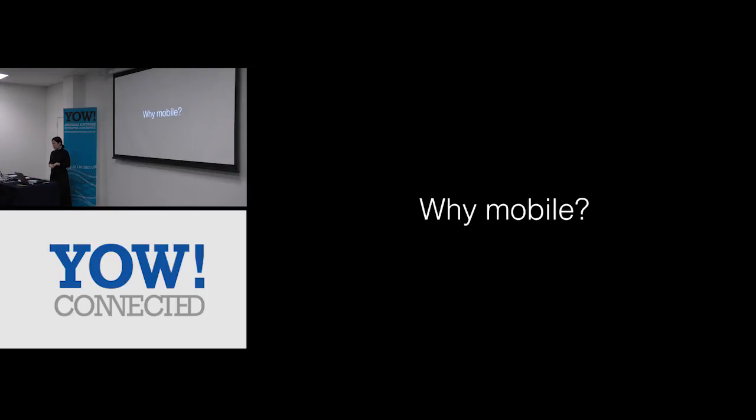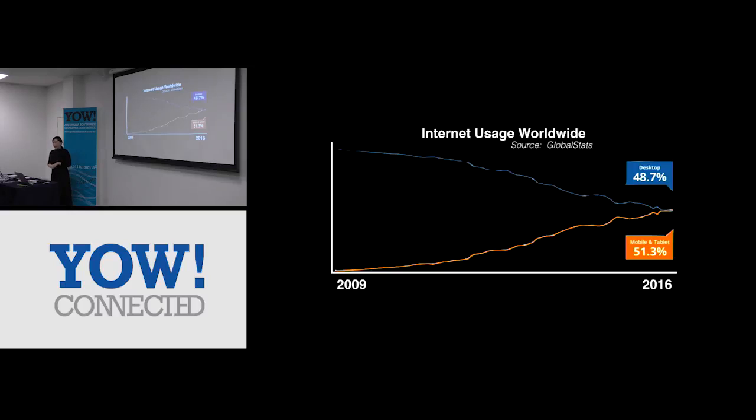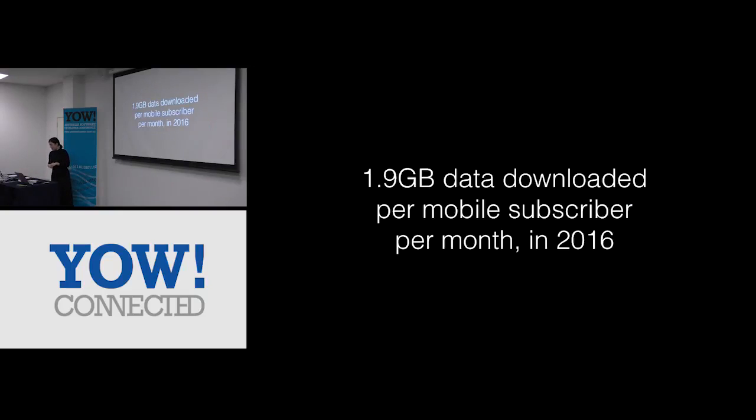Okay, so why mobile? Last year sometime, the number of internet users worldwide accessing the internet on mobile actually exceeded desktop internet users. And current stats show that it's evident that web is moving more and more towards mobile.